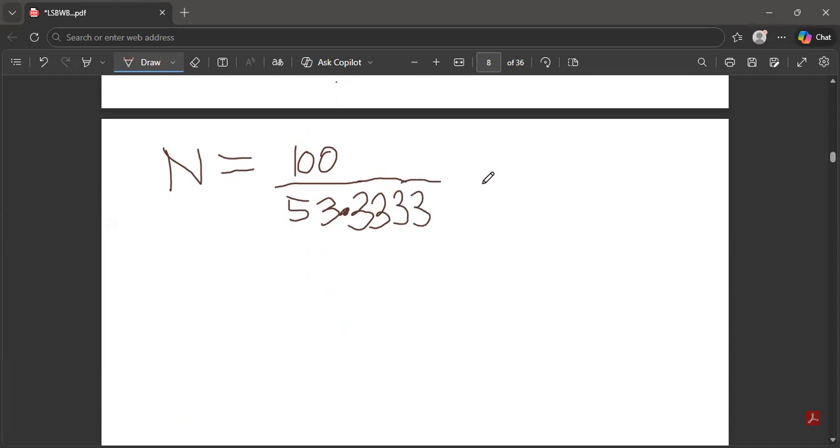So that is it. 100 over 53.3333, we're going to get 1.87.